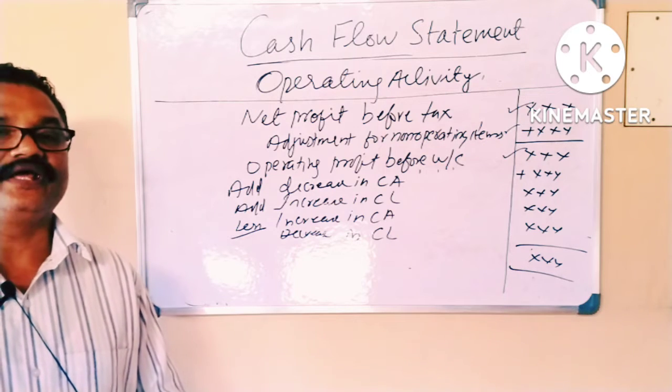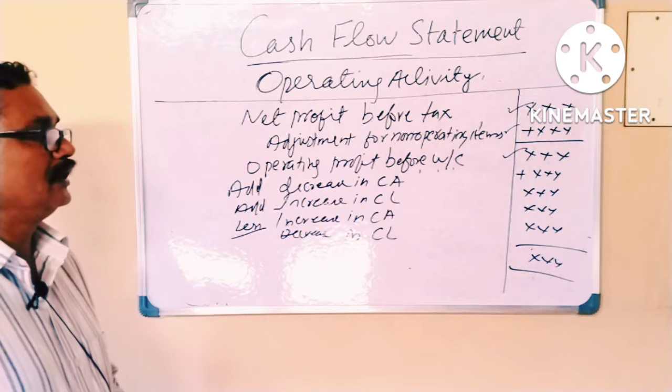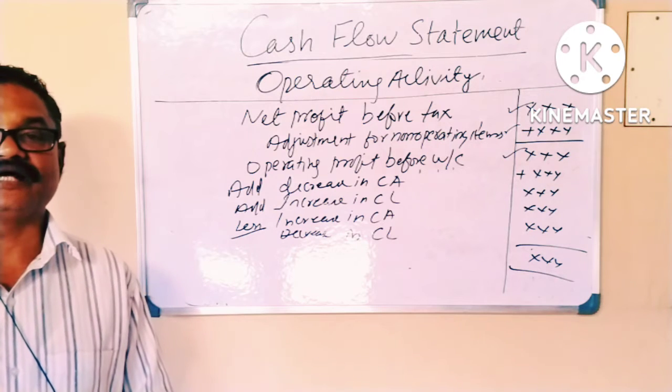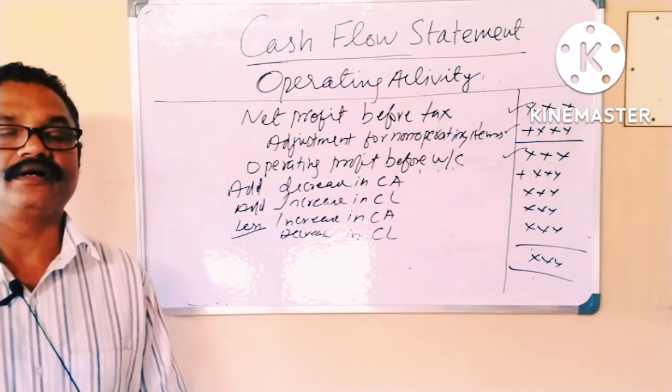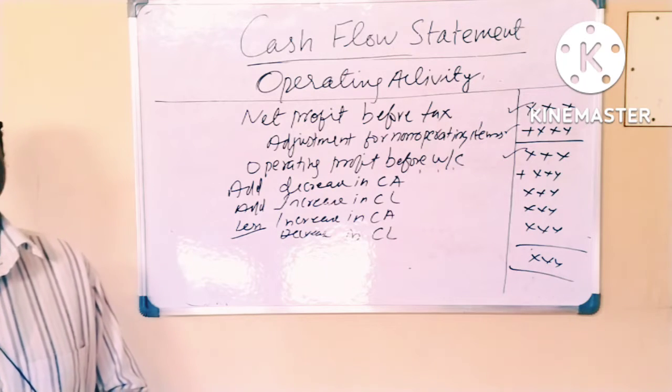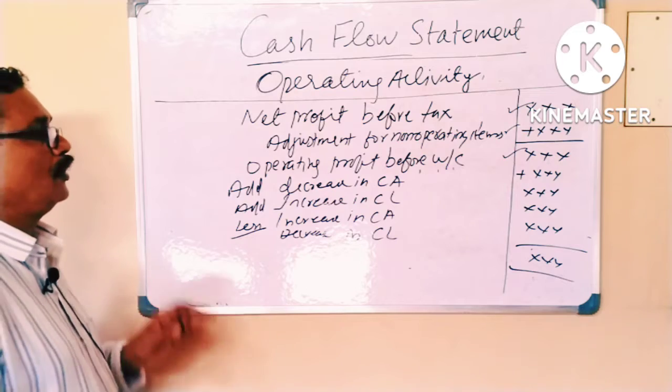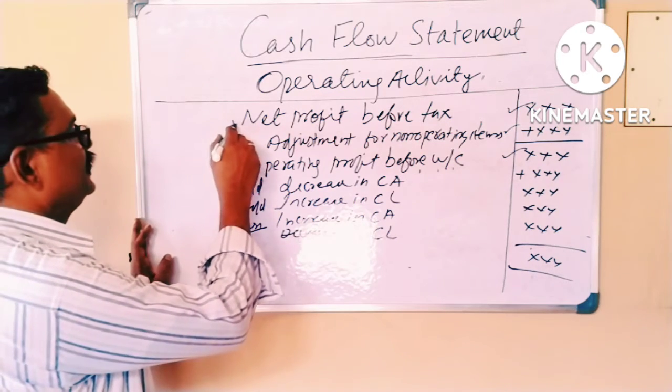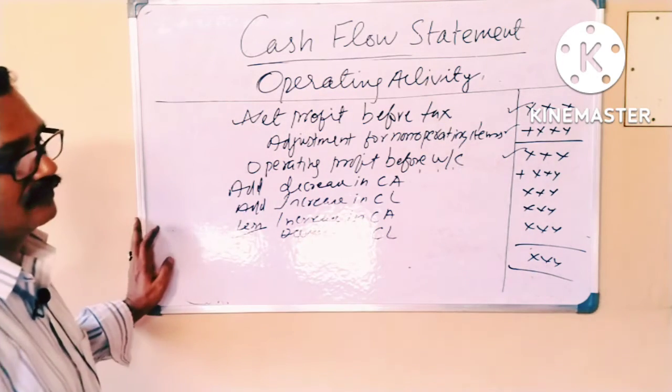See students, once again we will understand how to prepare cash flow from operating activity in the cash flow statement. First of all, we have to take into consideration net profit before tax.